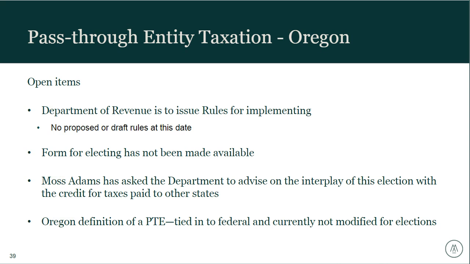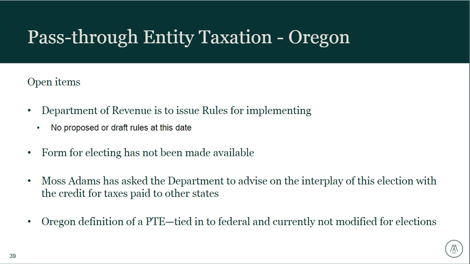Moss Adams has asked the department to advise on the interplay of this election with the credit for taxes paid to other states, since California and Oregon and some other states employ a reverse credit mechanism.